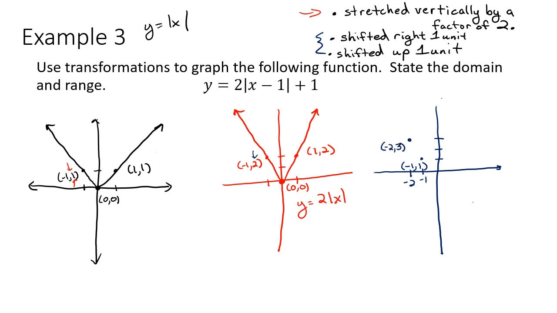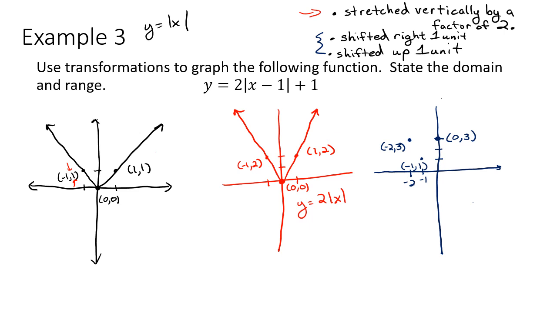And last but not least, for the ordered pair +1, 2, if we move it 1 to the left, that's going to put us at an x value of 0. And if we move it 1 up, that would also put it at a y value of 3.